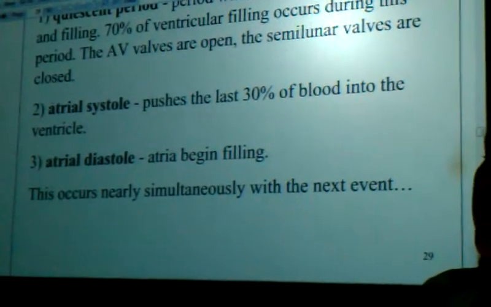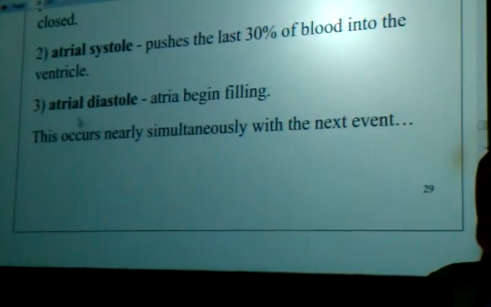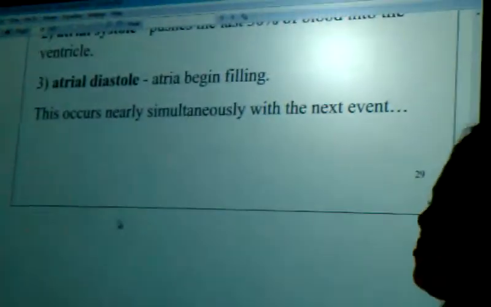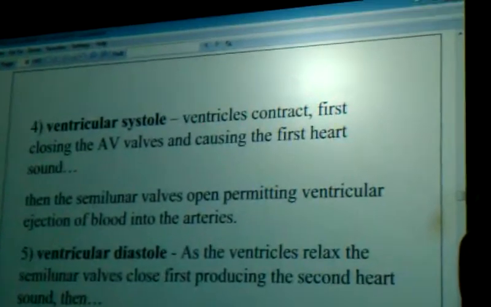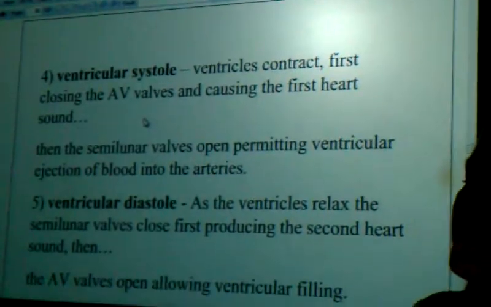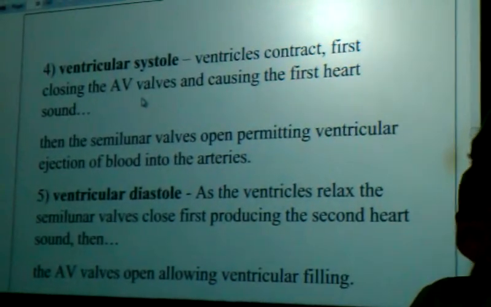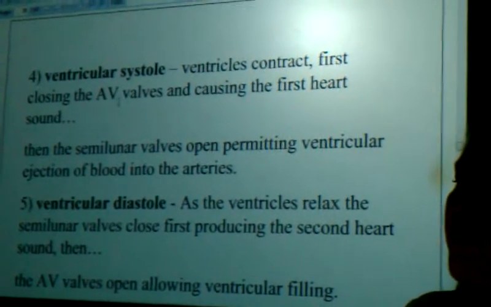When the atria start to relax, when you start having atrial diastole, because they've done their job now, they've pushed the last 30% into the ventricles, then the ventricles will start to contract. So atrial diastole and ventricular systole occur at the same time, okay?